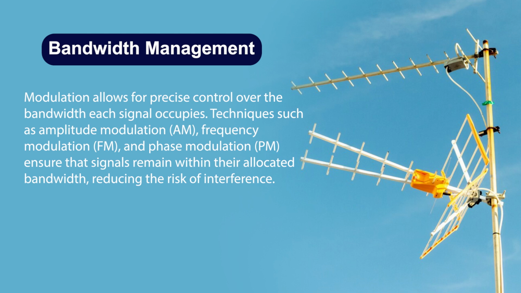Techniques such as amplitude modulation, that is AM, frequency modulation, that is FM, and phase modulation, that is PM, ensure that signals remain within their allocated bandwidth, reducing the risk of interference.